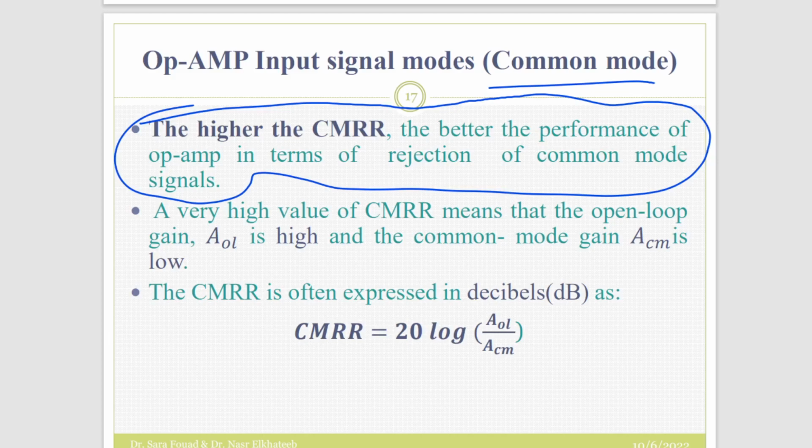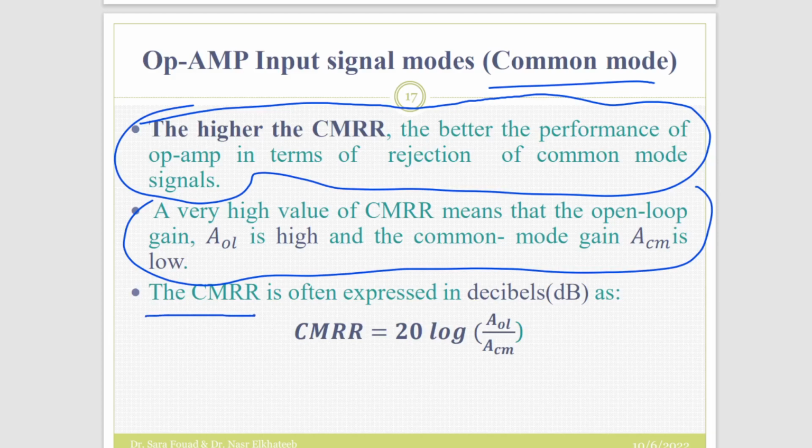A very high value of CMRR means that the open loop gain is high and the common mode gain is low. That actually means that this operational amplifier has better performance in terms of rejection of the common mode or rejection of the noise. The CMRR is often expressed in decibels.